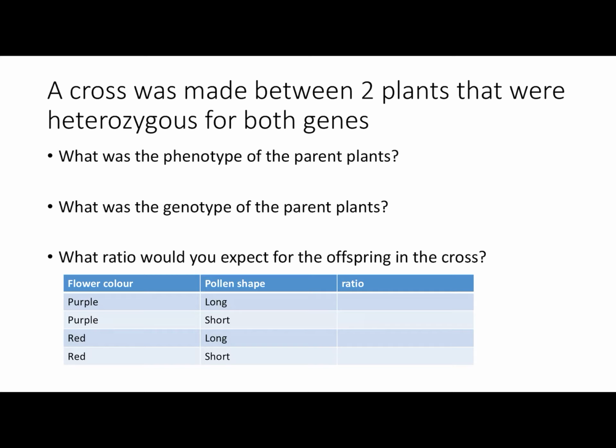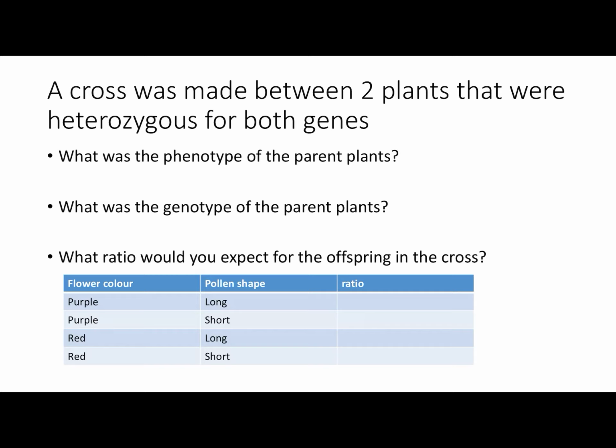Okay, so a cross was made between two plants that were heterozygous for both genes. So what was the phenotype of the parent plants if they were both heterozygous? Well, they both had a dominant purple allele, and they both had a dominant long pollen allele.